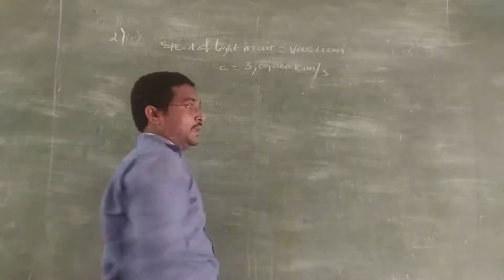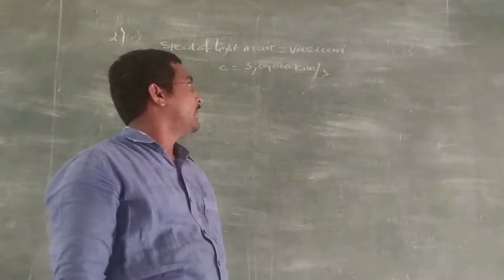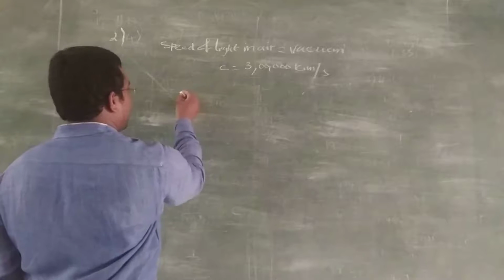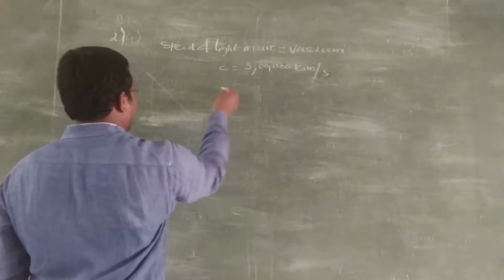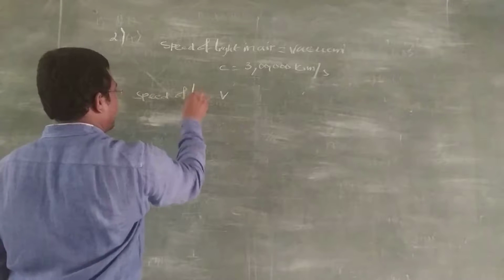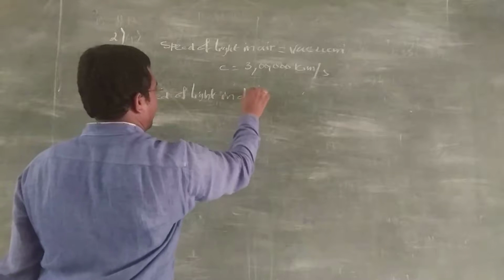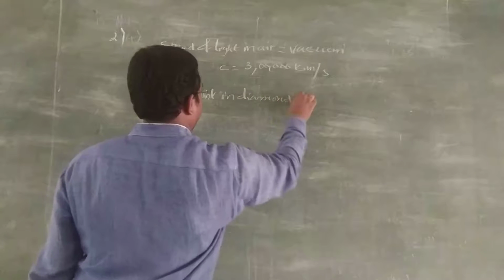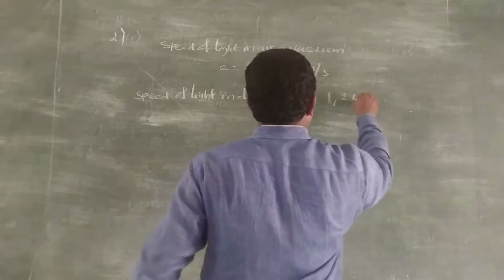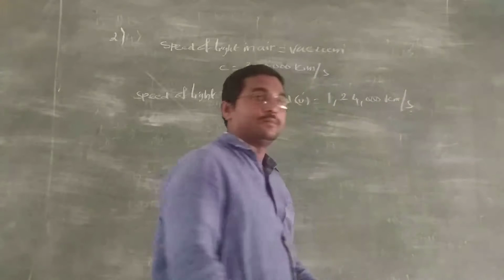V is the speed of light in diamond, so V is equal to 1,24,000 kilometer per second.